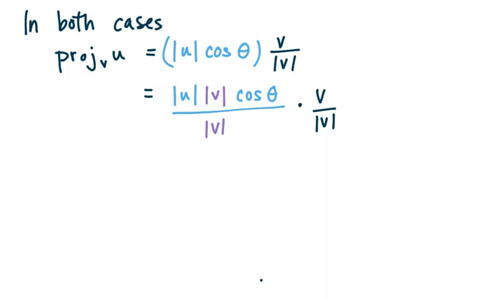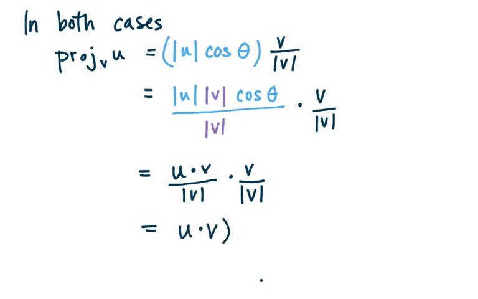Well, what we see in the numerator is now the dot product of u dot v. So this equals u dot v over the magnitude of v times v over the magnitude of v, which can be simplified into u dot v over the magnitude of v squared times v.